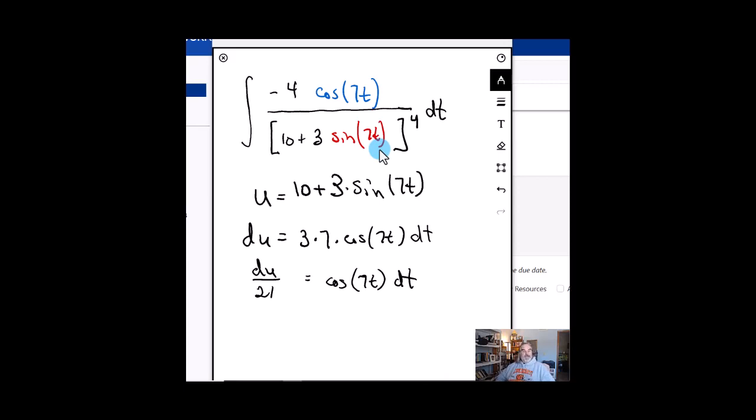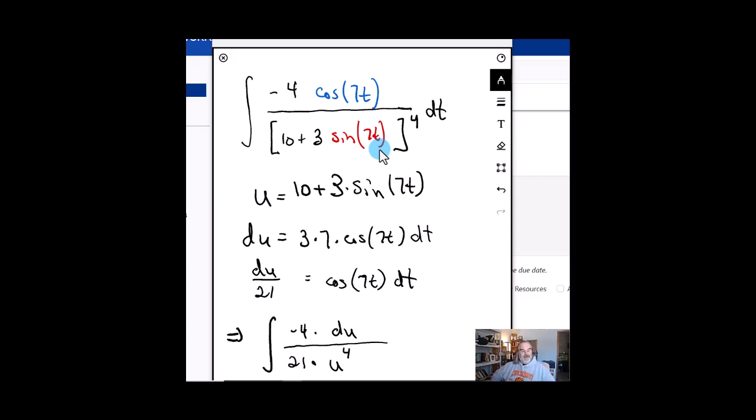So when I complete this substitution, my new integral is going to be the integral of -4 times the cosine of 7t, which is du over 21. I'm going to go ahead and put that 21 in the denominator. And the denominator that used to be 10 plus 3 times sine of 7t to the fourth, that's just u to the fourth. So we clean this up quite a bit.